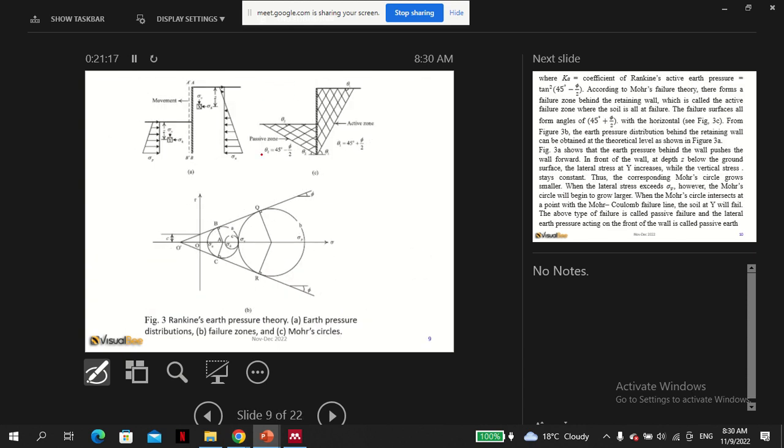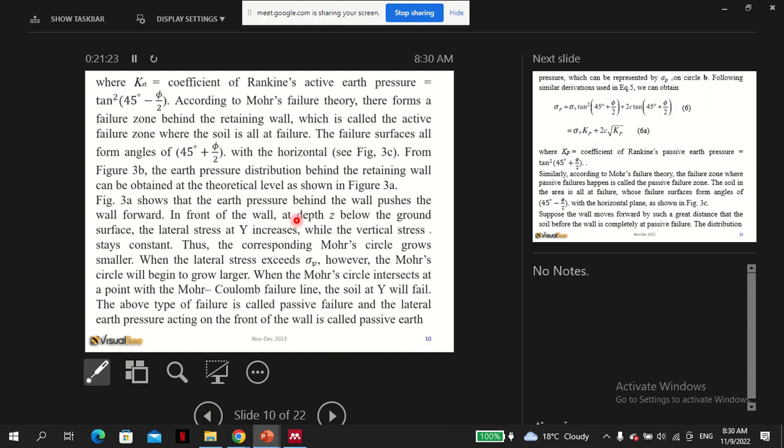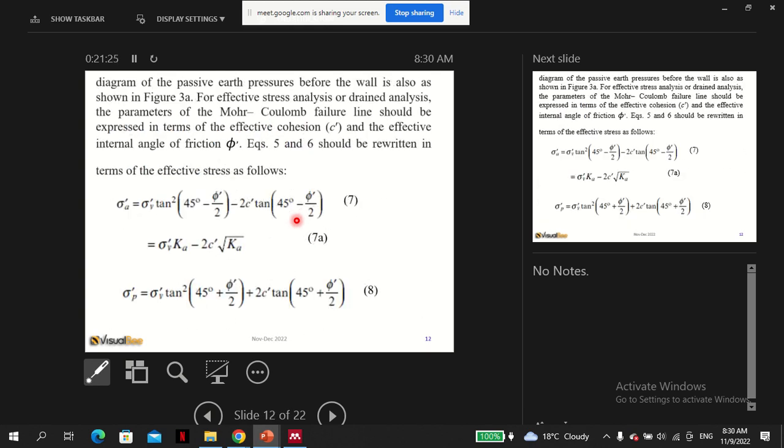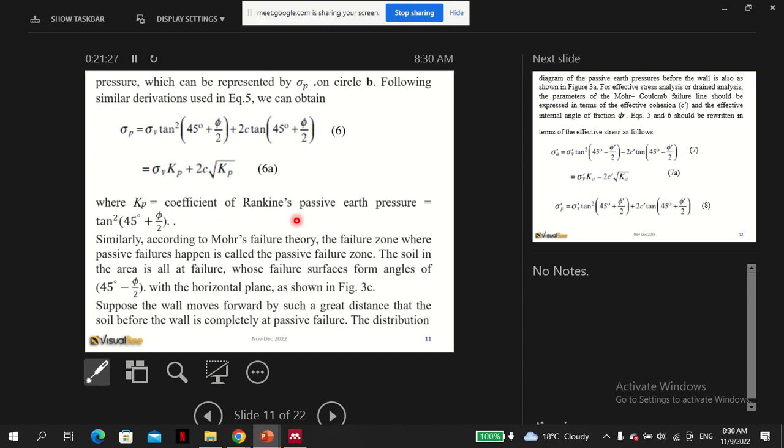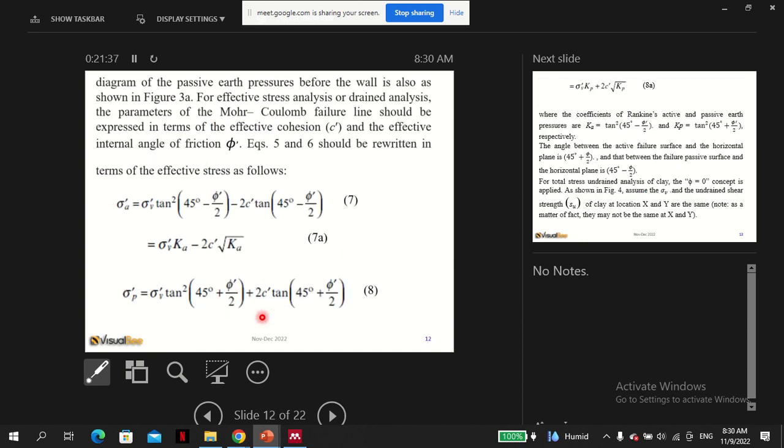Yeah, this is the diagram. Okay. 3C. So suppose the wall moves forward by such a great distance that the soil before the wall is completely in passive failure. The distribution diagram for the passive pressure before the wall is also shown in 3A.